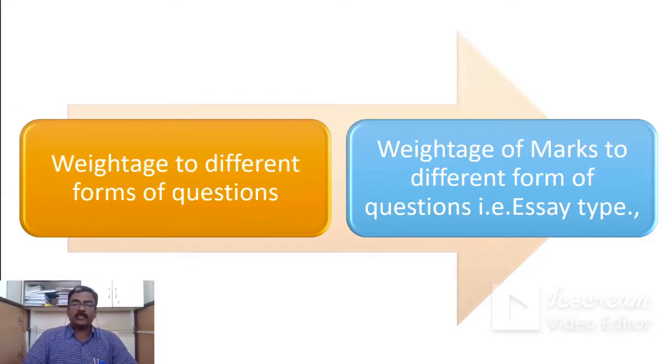These belong to objective type questions, or 1 mark questions. Then we also have short answer type, and the third one is essay type question. So totally 3 types: 1 mark question, short answer, and essay type questions.